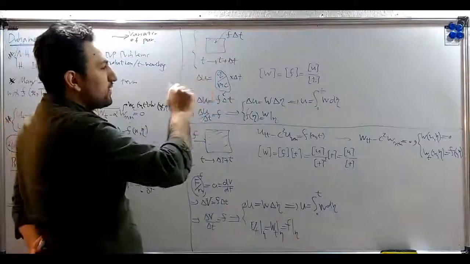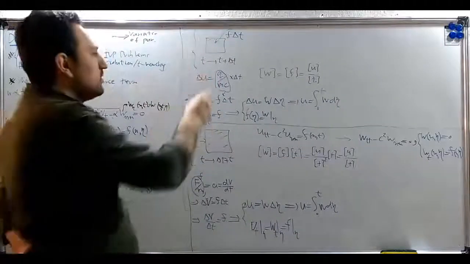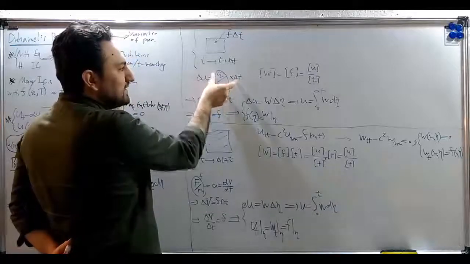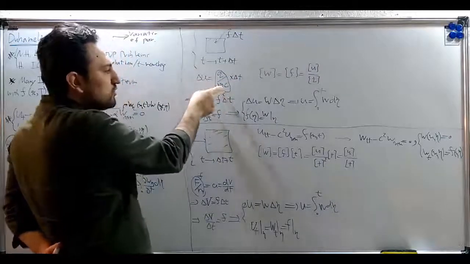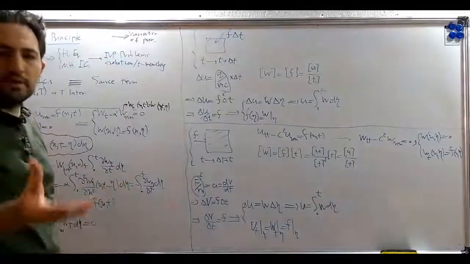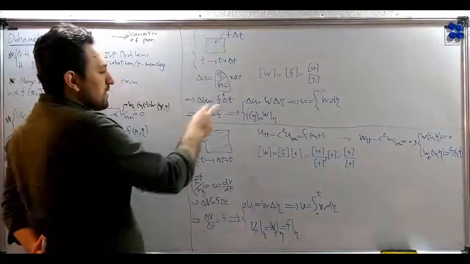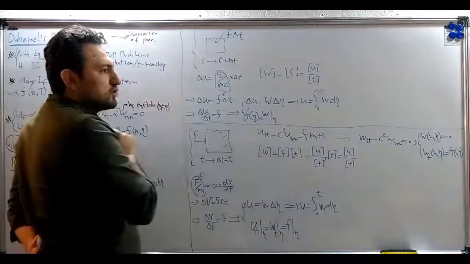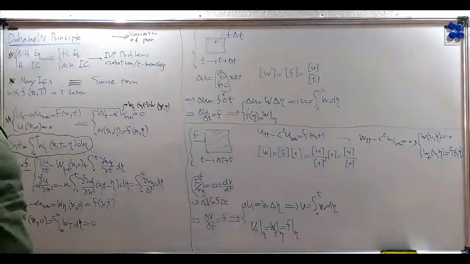Q is the rate of heat. So the product of Q and the time interval equals the added heat, which should be equal to the product of mc and delta u. This is the simple form of the conservation of energy. So f times delta t equals delta u, or the change of temperature.